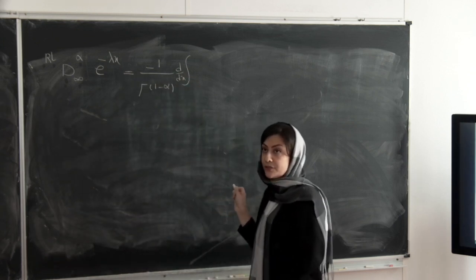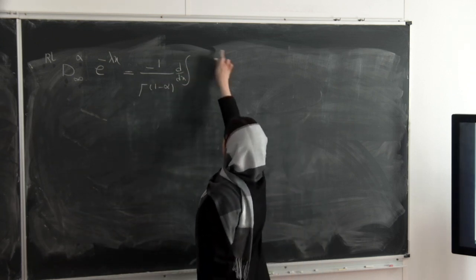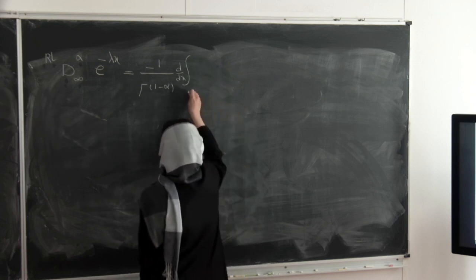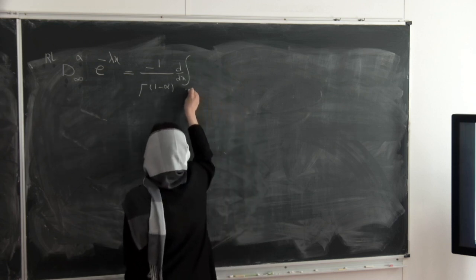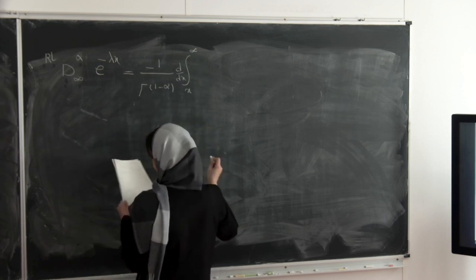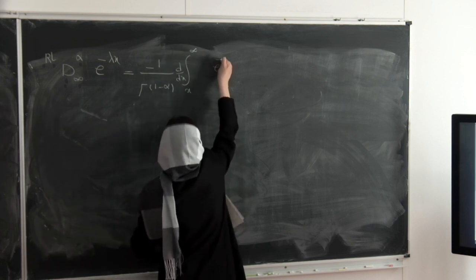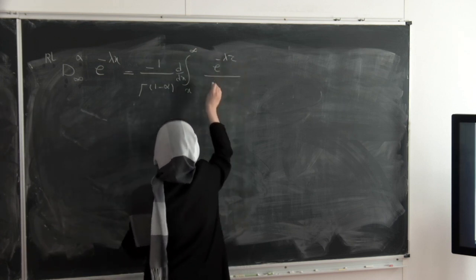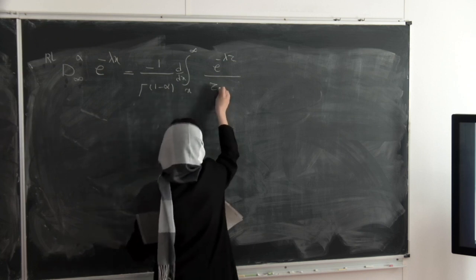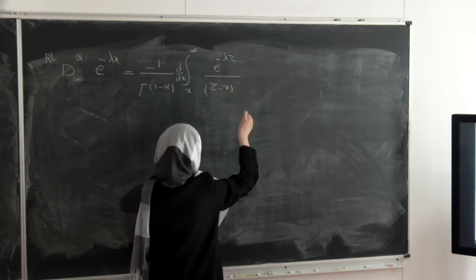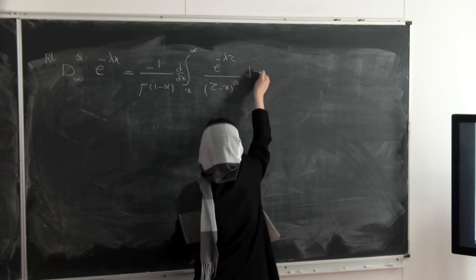If we have kappa derivative, we have here, for example, f prime, integral from x to infinity, f of tau divided by tau minus x to the alpha d tau.